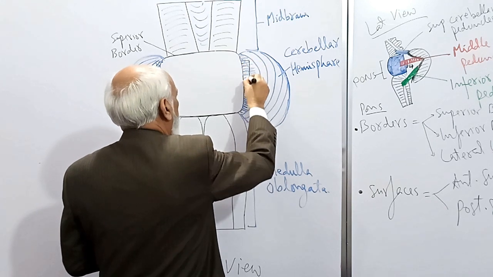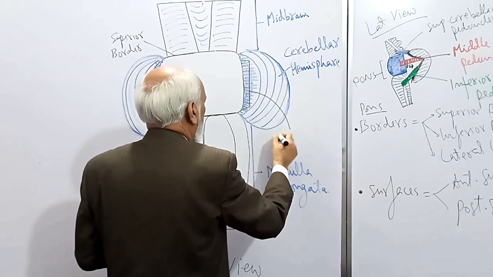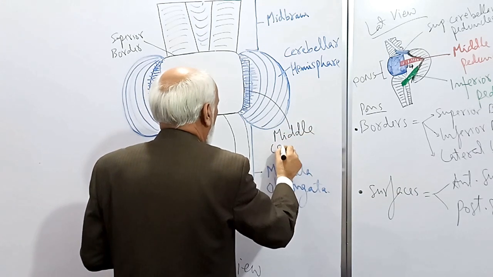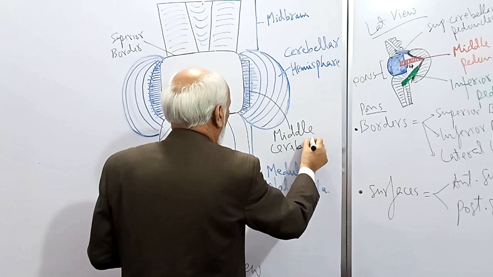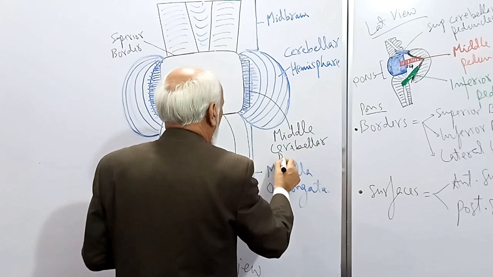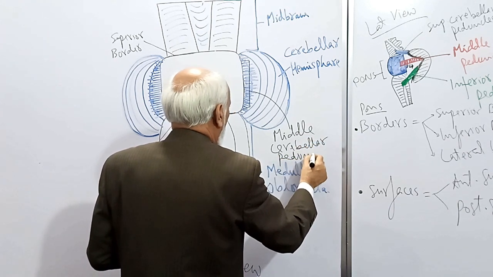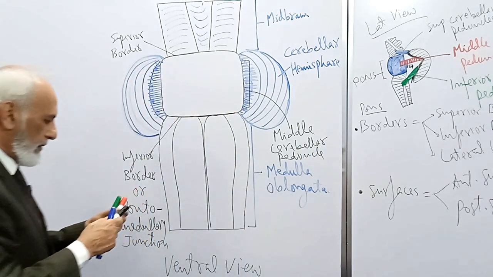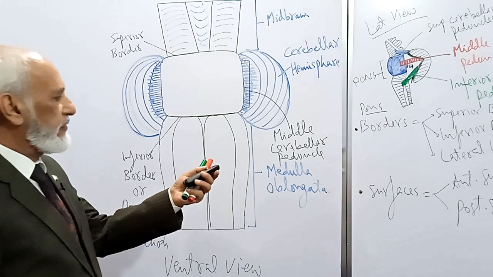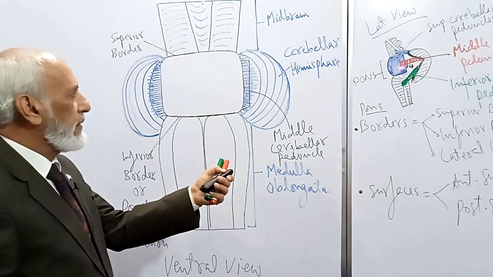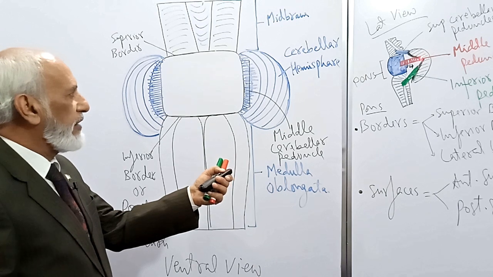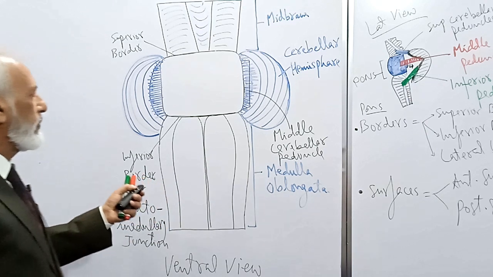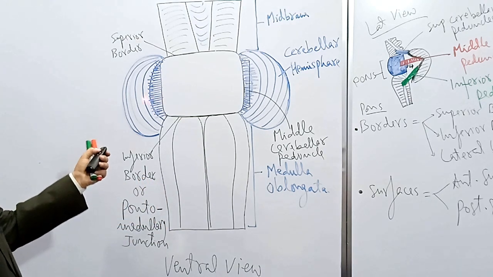So this is the middle cerebellar peduncle on both sides. In this diagram, you can see the middle cerebellar peduncle arises from the cerebellum and joins the pons. So here again, right middle cerebellar peduncle and left.